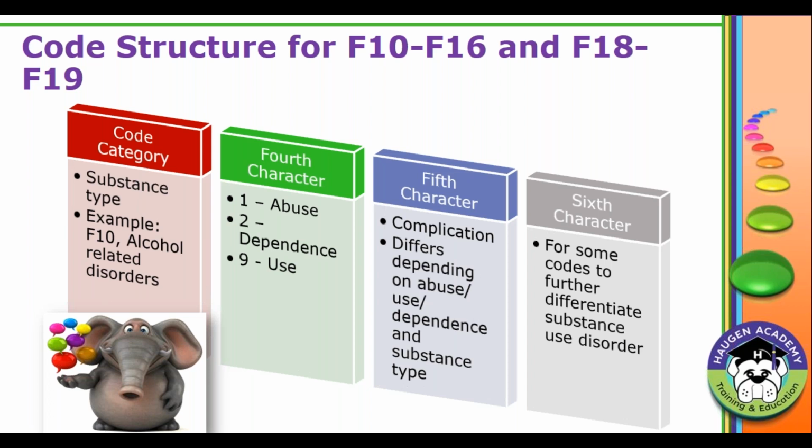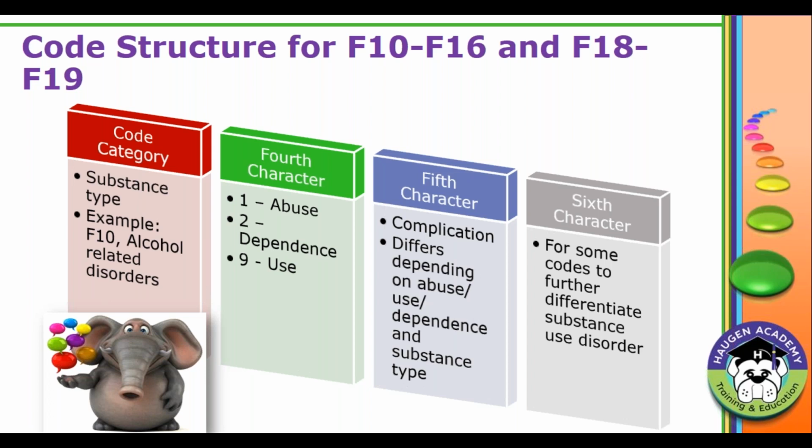The fourth character breaks it into abuse versus dependence versus use. And I'm going to be talking more about this as we go on, because that's a big part of how we code for substance abuse disorders in ICD-10, is whether it's classified as abuse, dependence, or use.